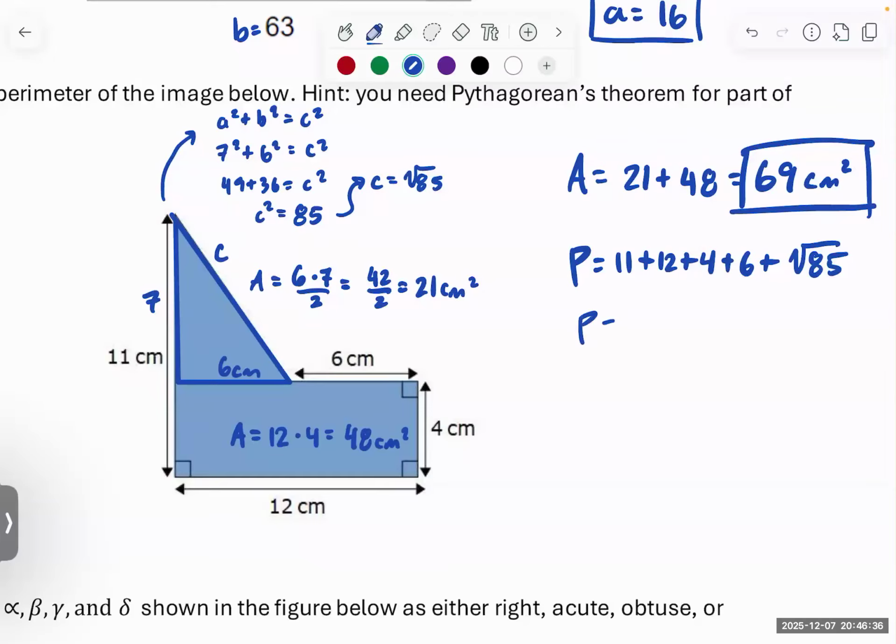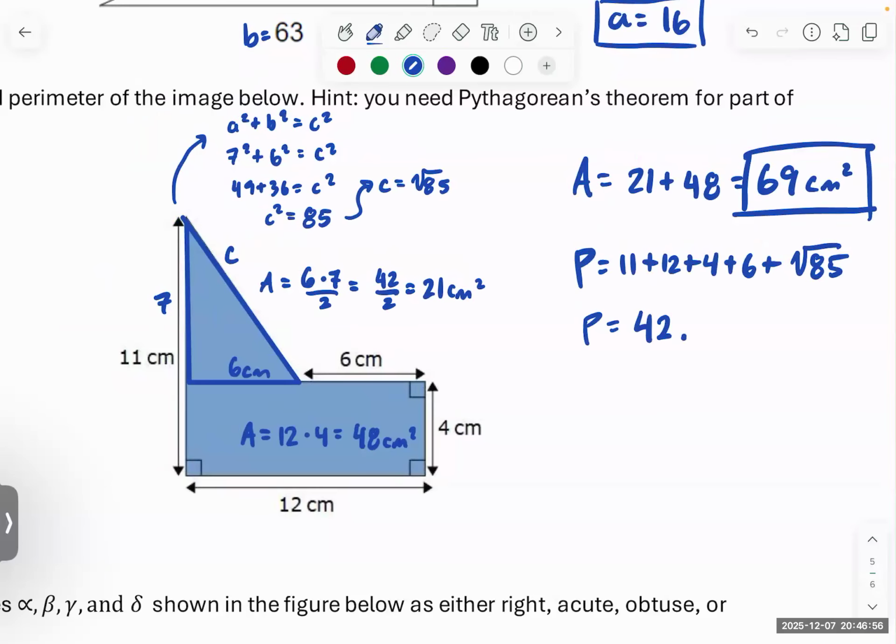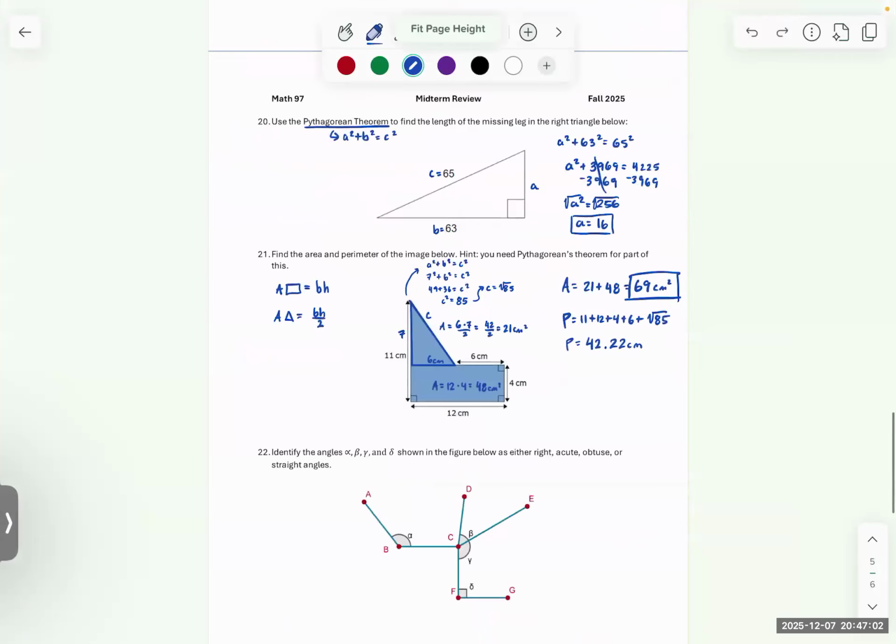And when you do that, P is equal to, so I'm just going to add everything. Let's say round to 22 centimeters. I'll round to the hundredths place. And there you go.